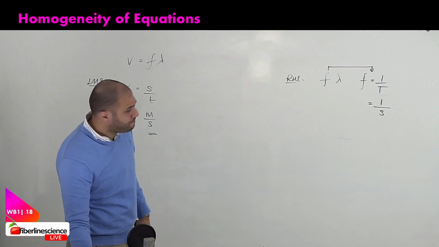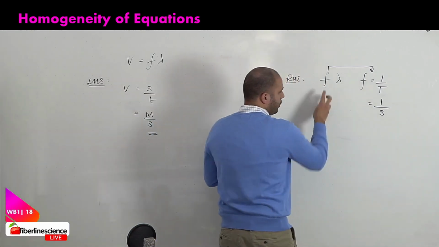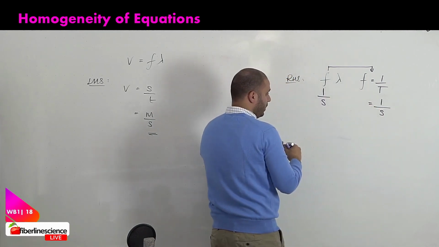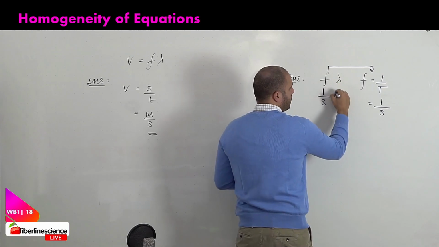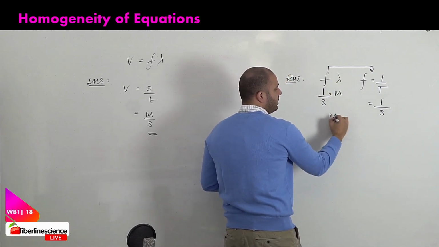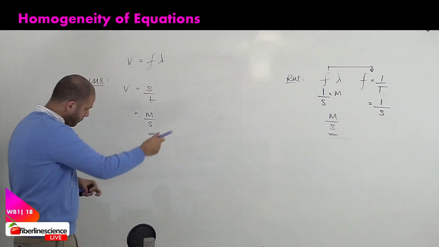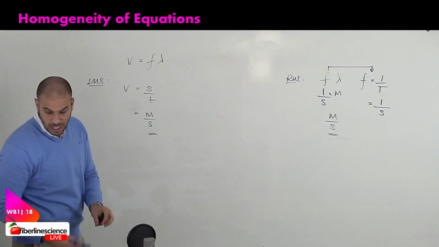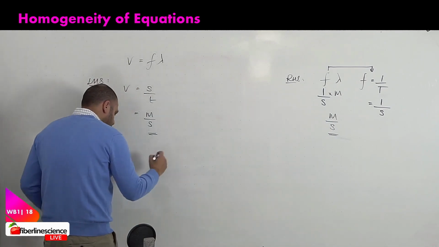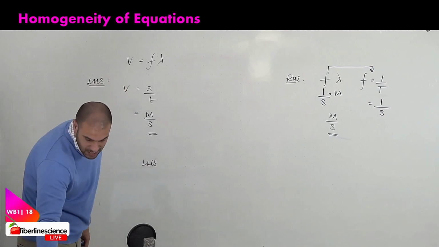So what we're going to do there is simply copy this down under the quantity of frequency, and note that I've got meters for wavelength, and therefore I've ended up with meters per second on the right-hand side. The two base quantities match up. So again, this time around I'm going to say the same thing.